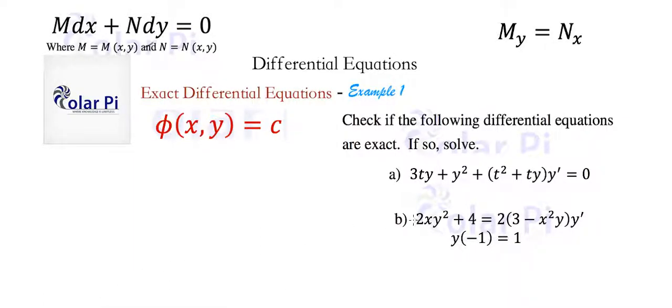Anyway, B, right? So B, let's do a little bit of algebra, what I said you should do to get it to be in this form, so that it's pretty clear for everybody. So we have 2xy squared plus 4. That's pretty nice as it is.